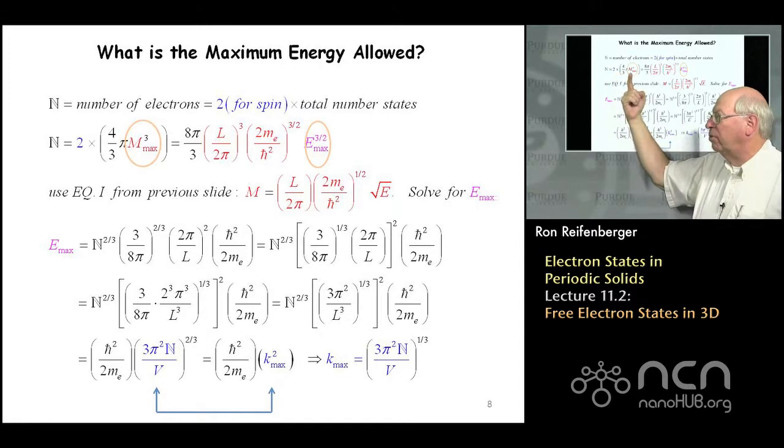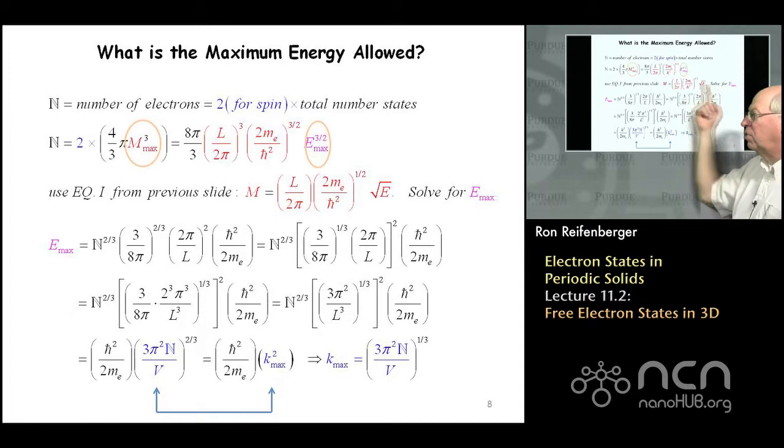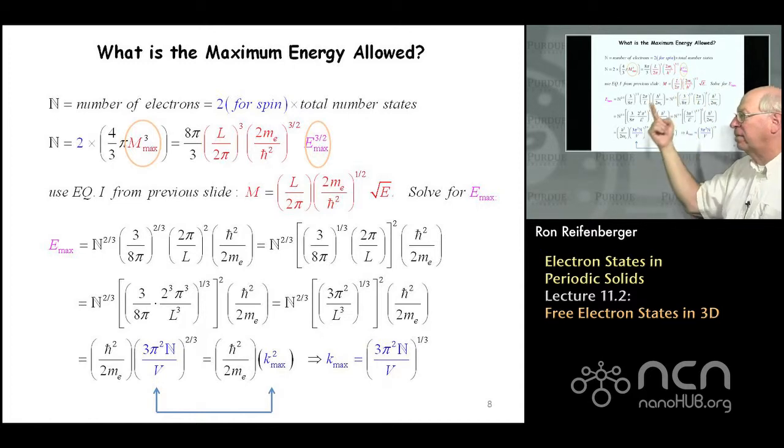And when we go back to equation 1 and substitute in an expression for M sub max in terms of the maximum energy E sub max, right? So we make use of equation 1 from the previous slide, and we just solve this equation for E max. And that's all that I've done here.